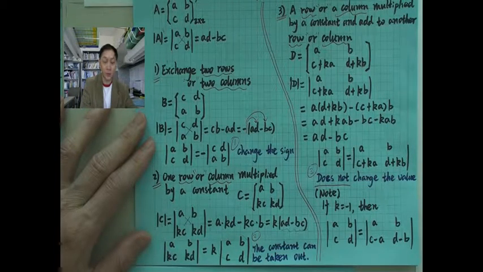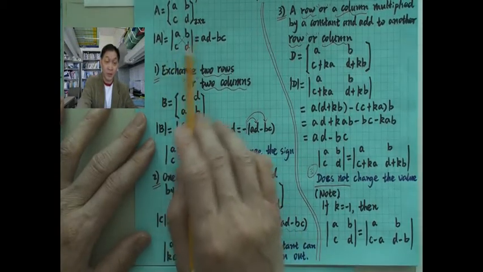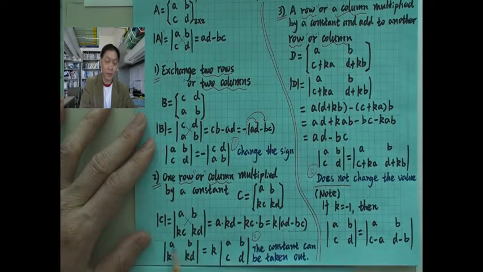This tells us that the determinant of C has K in front of it. If you pull K out, then this K times the original determinant A B C D gives you the determinant of this one.